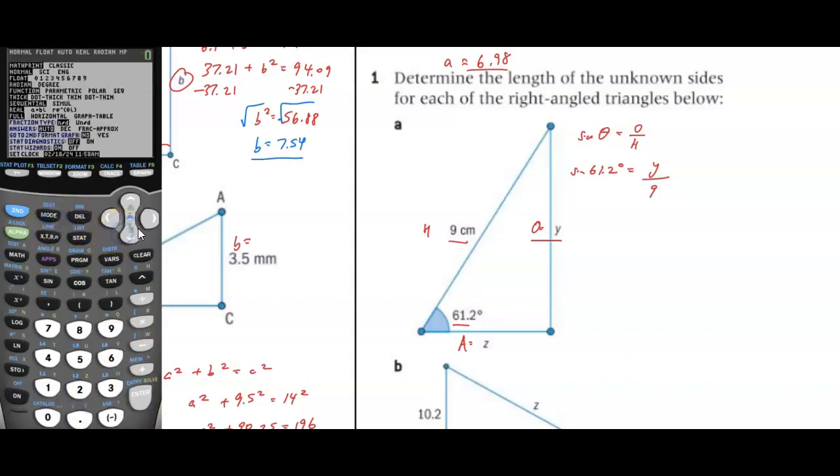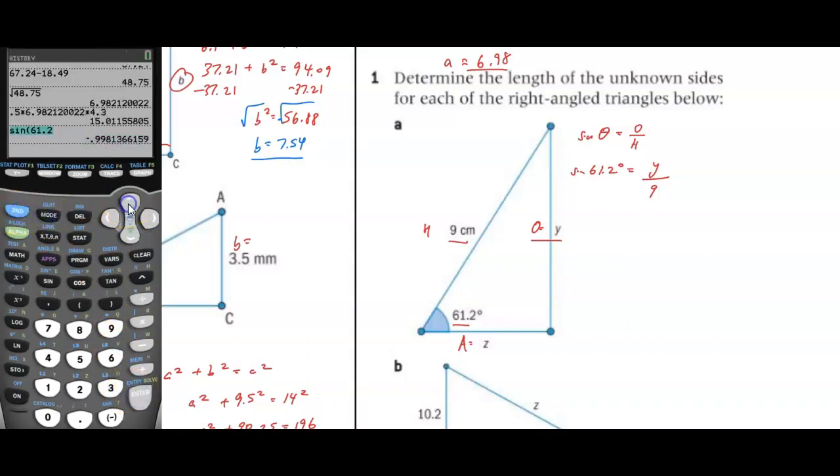Good lesson for you. We always put mode degrees first. Then I type it in again, sine of 61.2. And then I get a reasonable number, 0.876. So y is equal to 9 times 0.876, which is equal to 7.89. So that's my value for y.